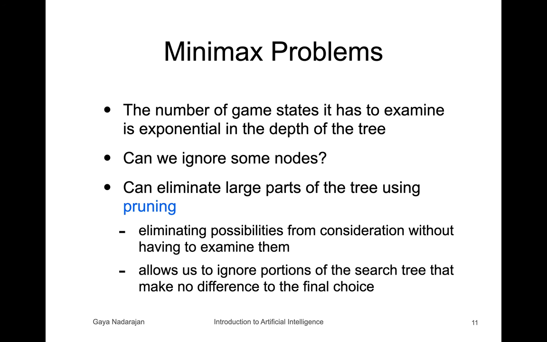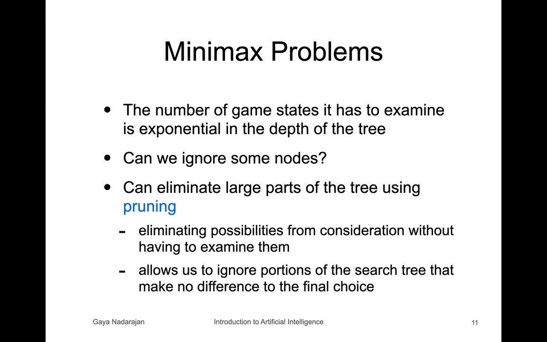So this is where we want to start doing some kind of pruning. So pruning is where we can eliminate large parts of the tree by just ignoring them. Okay, meaning we just don't even go to certain parts of the tree, and that saves you a lot of time and also space. So pruning eliminates some possibilities from consideration without even having to examine them.